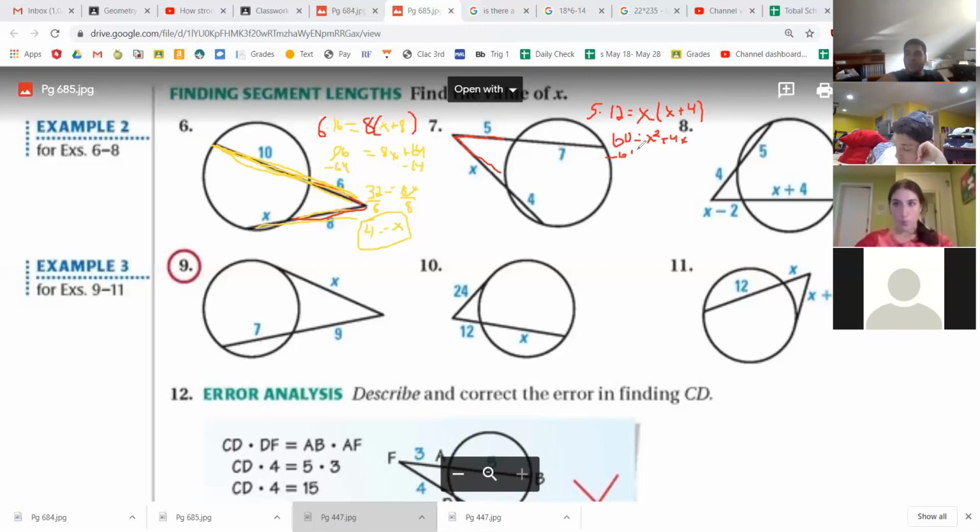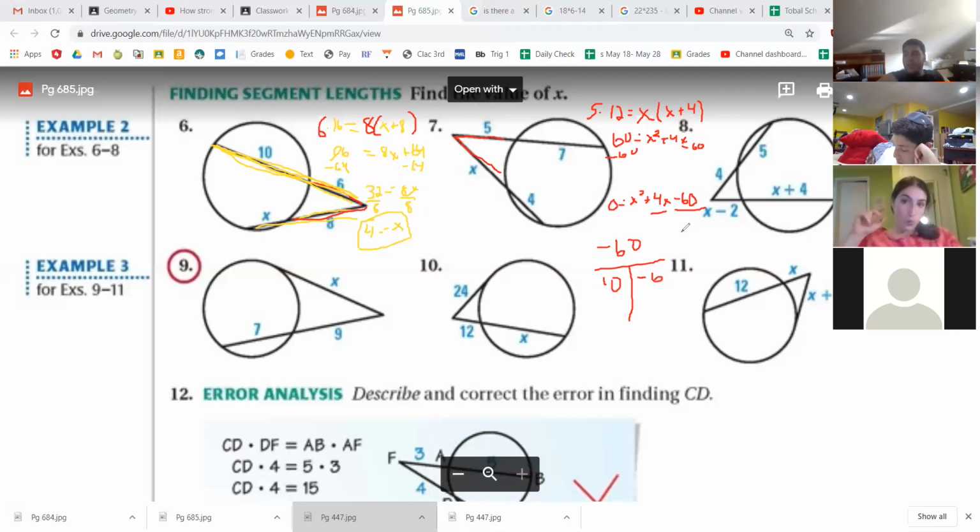Subtract 60 on both sides. I have 0 equals x squared plus 4x minus 60. Again, reminder of factoring: you need to find what multiplies to c and adds to b. What multiplies to 60 and adds to positive 4 should be 10 and 6. So that's positive 10 and negative 6.